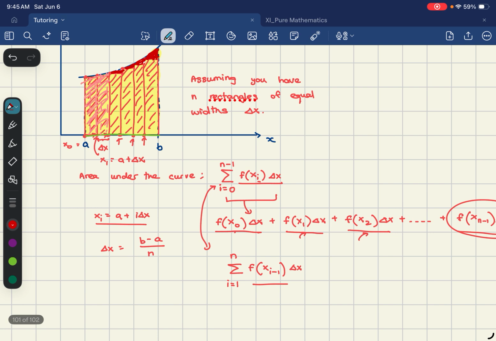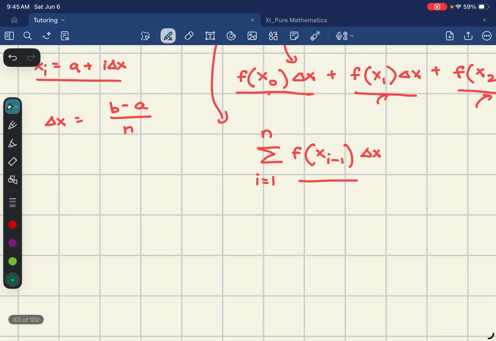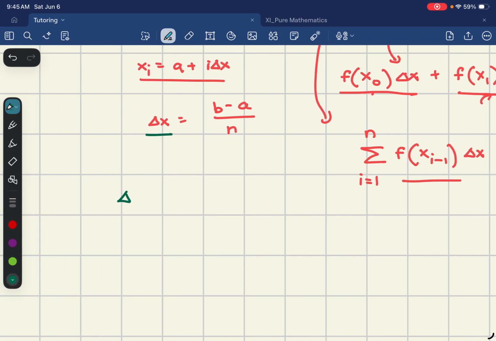And the idea is that if my rectangles are of infinitely small width, that means dx, the width, tends to 0. And this happens if my n is very, very big, if I take lots and lots of rectangles.